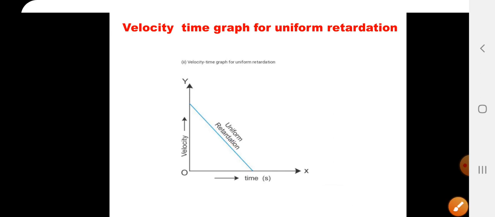Okay, the next one is velocity time graph for uniform motion initially not at rest. Now here we have to consider a body which is initially moving with some velocity and attains some velocity.